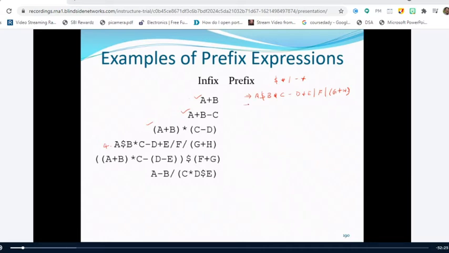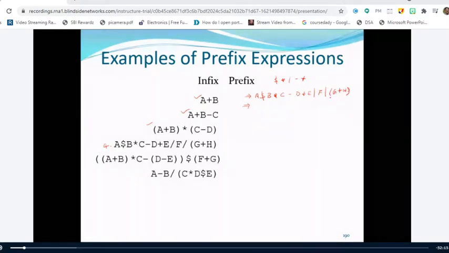But even though you have so many operators, the first and foremost thing you have to solve is the sub-expression present inside the parenthesis. Right or not? So this sub-expression, g plus h, has to be solved first.